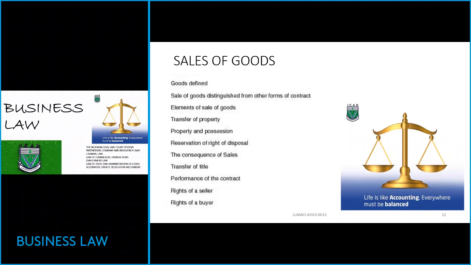In fact, more sales are happening electronically nowadays more than the physically purchased goods and services being rendered. So we need to have the knowledge of the law as it relates to sales of goods and how it affects us. So what is the definition of goods, or what are goods.